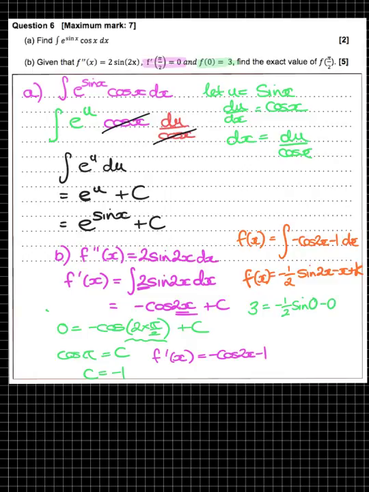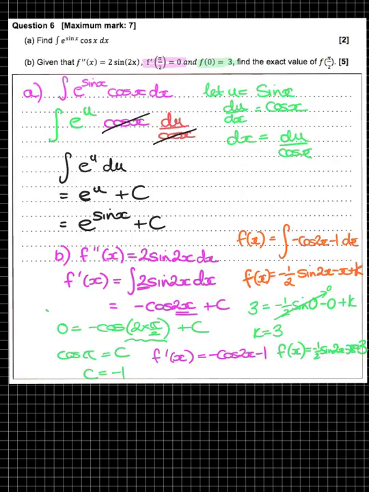X is 0 minus 0 plus k. So that tells me that k is equal to 3, since sine of 0 goes to 0 minus 0. So what I know is that f of x is equal to negative a half sine 2x minus x plus 3.